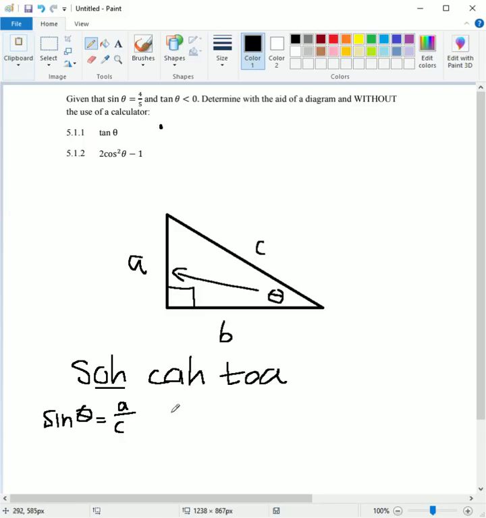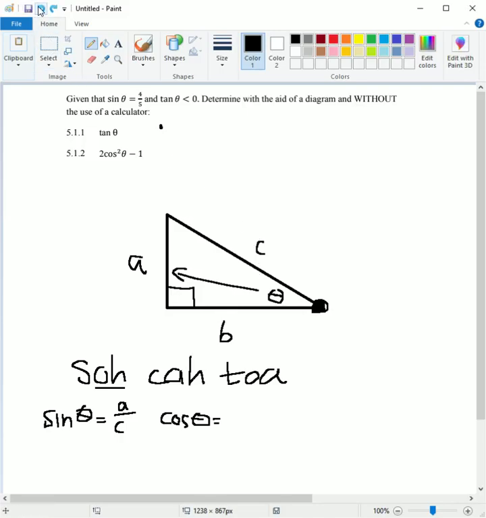Okay, cos of our theta would end up being adjacent. What does adjacent mean? Adjacent means around the same point, right? So this is the point over here. The two sides that are around this point are B and C. So B and C are both adjacent to theta.